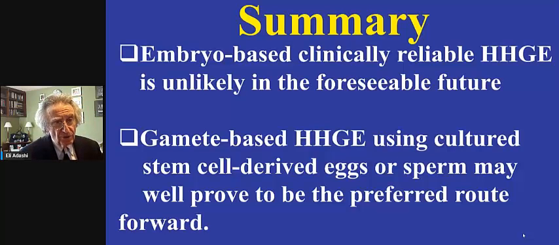It would not entail an embryo, it would entail a gamete that is grown in a dish of which multiple plates can be derived, and therefore quality control can, for the first time, be meaningfully, hopefully, exercised.